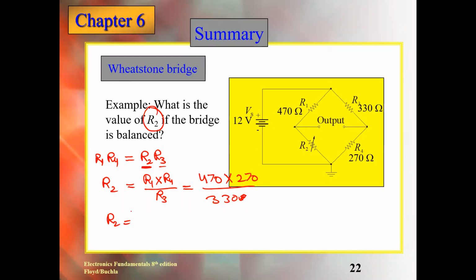How much is it? 384.54 ohms. So during the balanced condition, this should be the value of R2. This is the way.